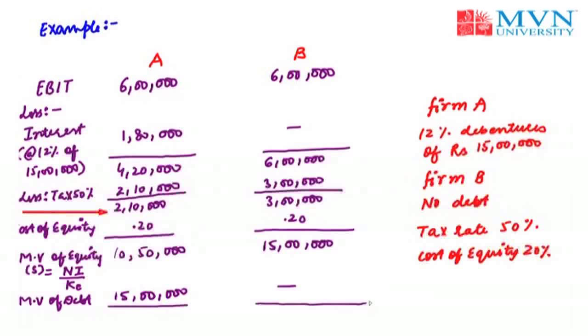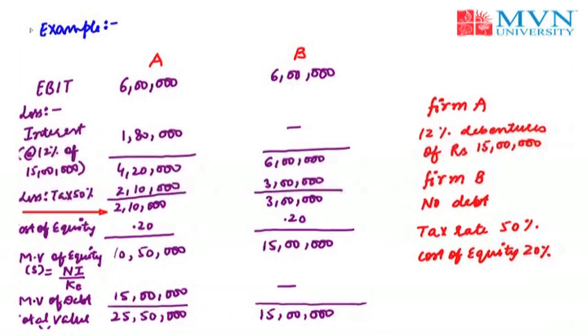By this we can easily calculate the total value of firm, which is denoted by the symbol V, which is 25 lakhs 50,000 for the firm A and it's 15 lakhs for the firm B. From this example, you can easily see that the firm A who is using the debt financing has a greater total value, that is 25,50,000, and the firm B who is not using the debt financing has a lesser value, that is 15 lakh rupees.